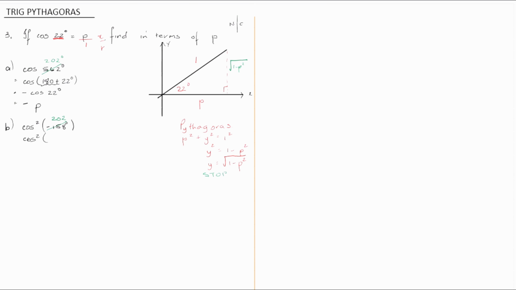Using your cos diagram, that is 180 plus 22 degrees. Now be careful. Cos in the third will pick up a negative, but with the square, it will then become positive. Keep the cos squared of 22, and that will give us p squared.